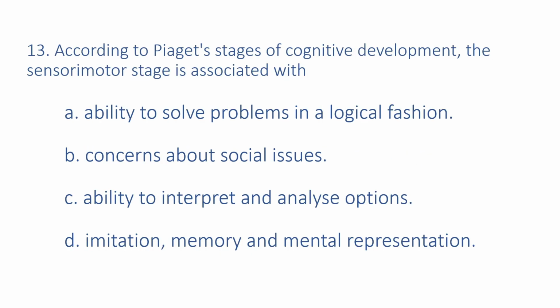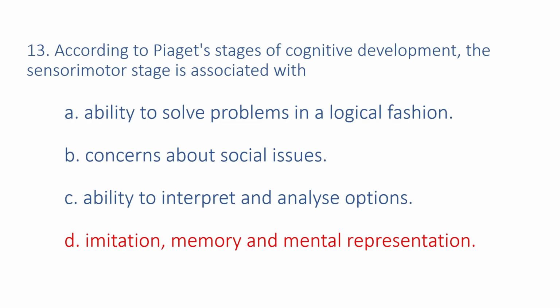Question number 13. According to Piaget's stages of cognitive development, the sensorimotor stage is associated with ability to solve problems in a logical fashion, concerns about social issues, ability to interpret and analyze options, imitation, memory, and mental representation. The correct option is D, imitation, memory, and mental representation.